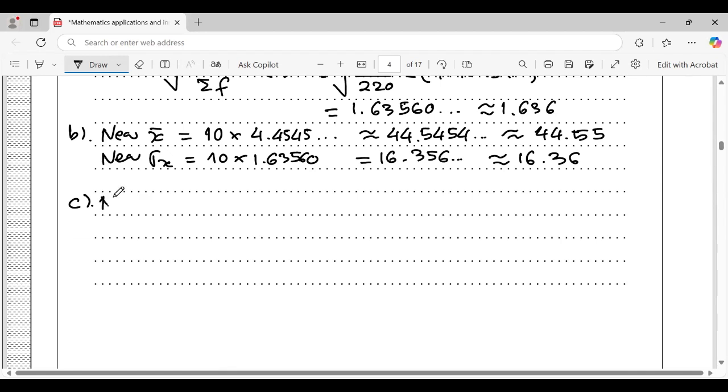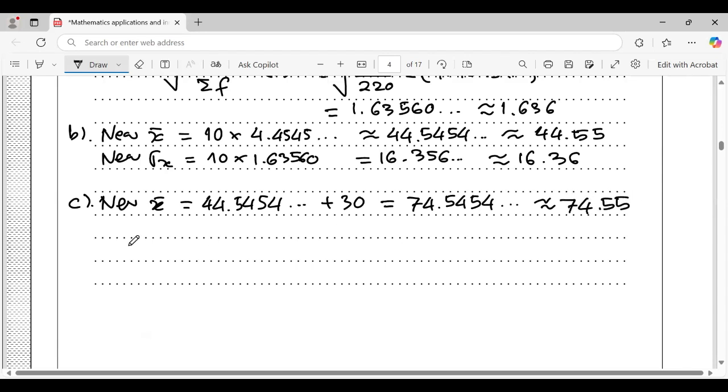So the new mean is 44.5454 plus 30, which becomes 74.5454, rounded 74.55, and the new standard deviation remains 16.356.